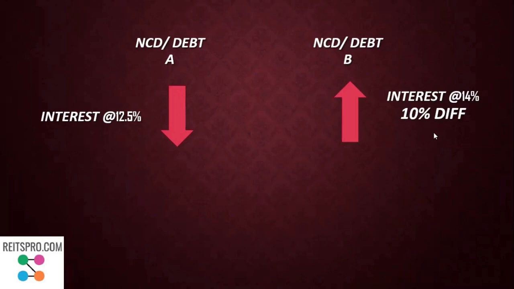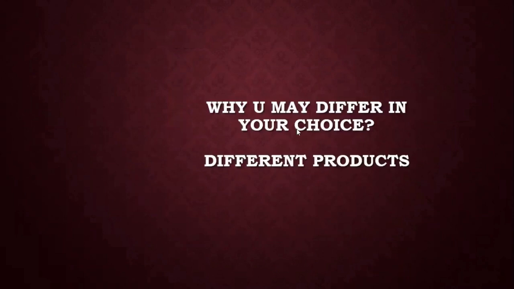So that's a good 10% differential. Now, considering that the risks are the same, you would definitely go for option B, considering other parameters are fine. Let's assume equal parameters here, right? So our inclination would be more towards the B part, the B type debt. Why do you think the choice differs here?